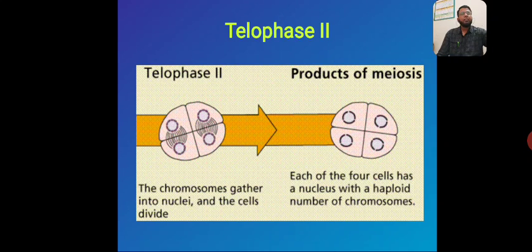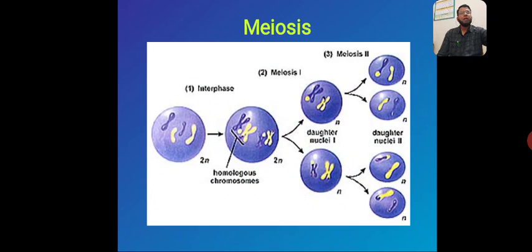So in this way 4 cells are formed, which are haploid, as seen in this picture. The product of meiosis is 4 cells. Here are again some diagrams showing how meiosis gradually happens. First interphase, meiosis first gives 2 cells, then meiosis second gives 4 cells.